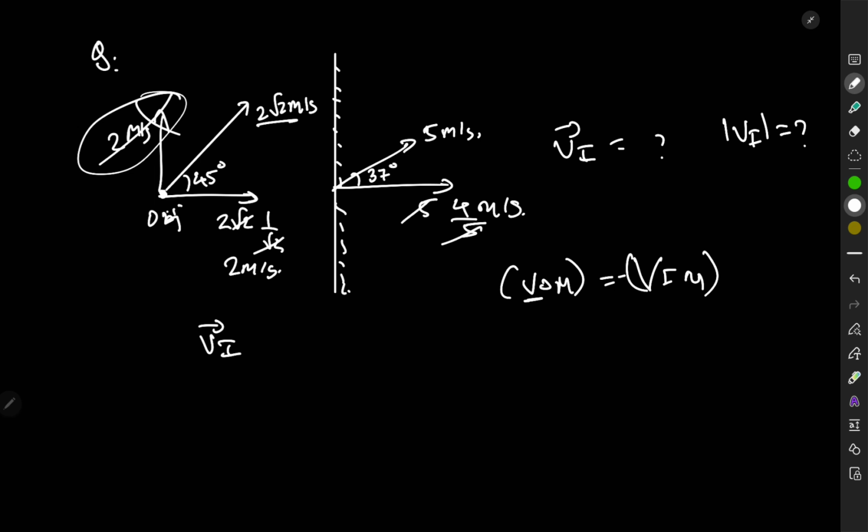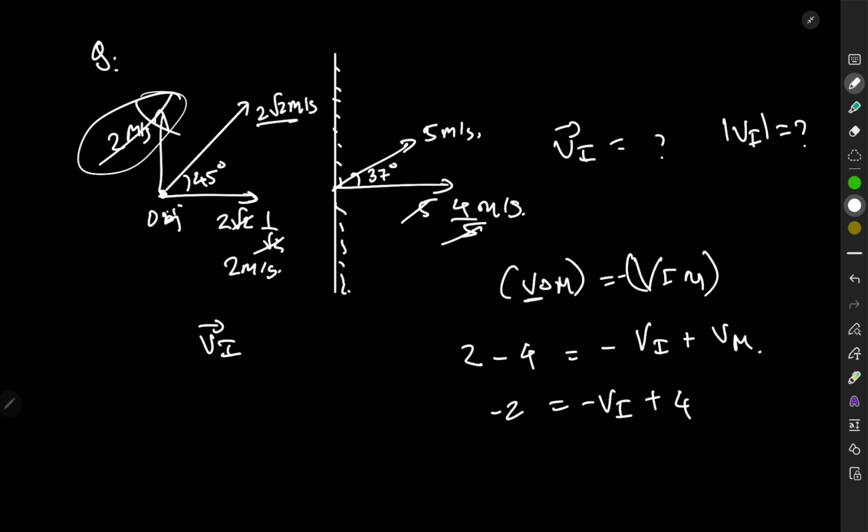We know that velocity of object minus velocity of mirror is equal to minus velocity of image plus velocity of mirror. So velocity of object is 2 meter per second. Velocity of mirror is 4 meter per second, which is minus 2 is equal to minus velocity of image plus velocity of mirror. What is velocity of mirror? 4, right?